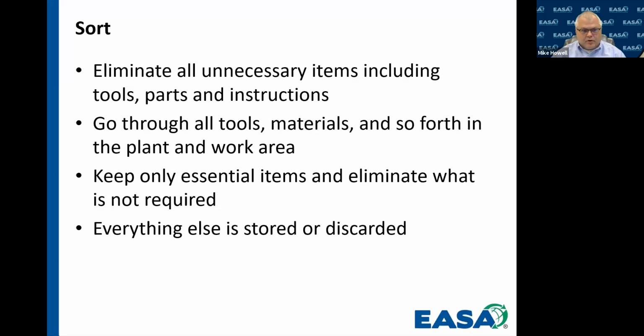So we're going to go through all the tools, materials, and everything in the plant and work areas and sort those. The things we want to keep are the things that are essential to doing our job, and then we want to eliminate everything else. The things that are quote-unquote eliminated are either going to be stored or discarded depending on their value to the organization.